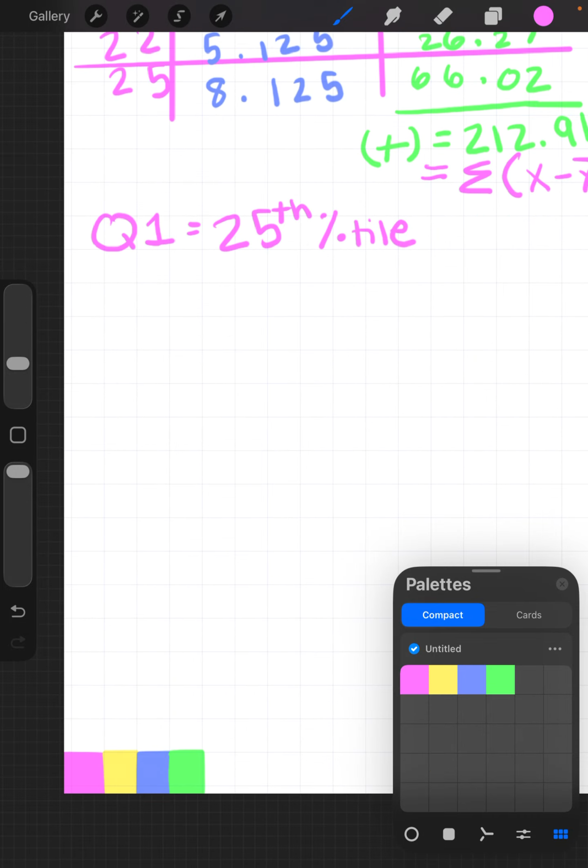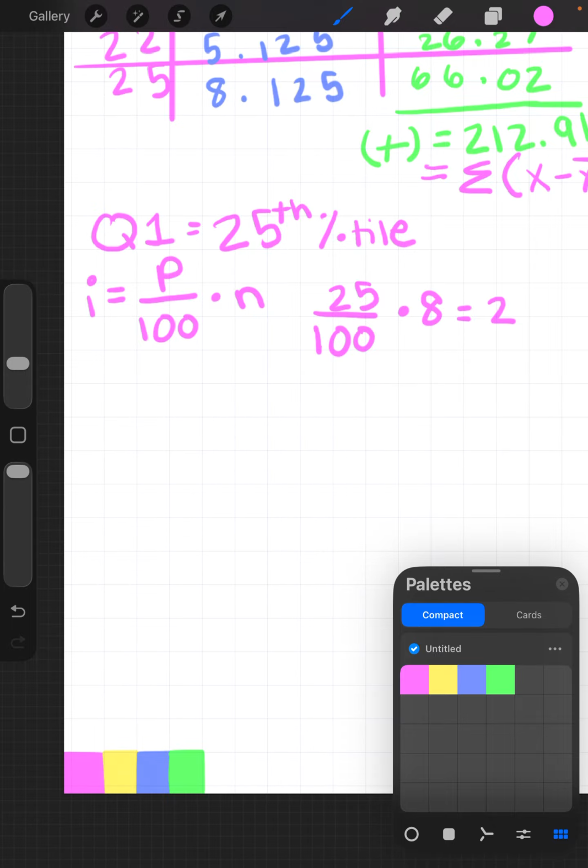So the formula should be i is equal to the percent over 100 times n. And since this is the first quartile, it is going to be 25 divided by 100 times 8, because 8 is our n. And this is equal to 2.